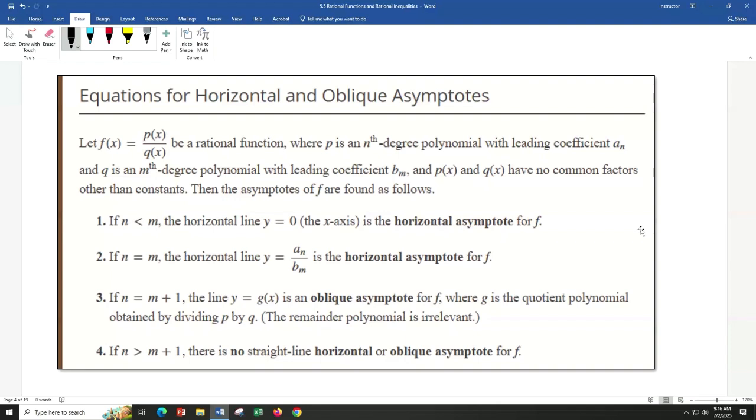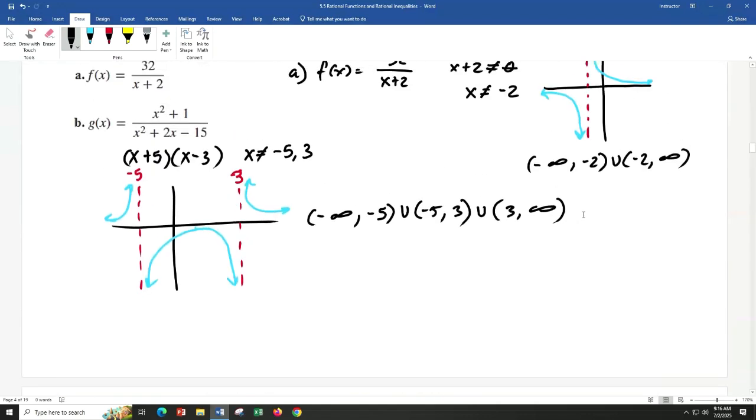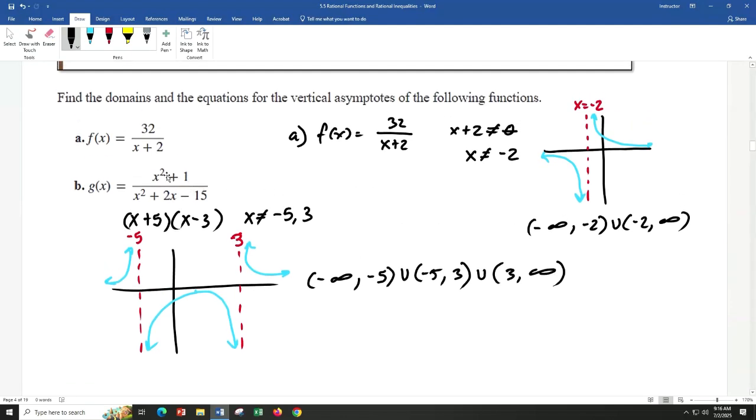And then if n is greater than m plus 1, there is no straight line, and there is no horizontal or oblique asymptote. Look at the one we just did. Well, this one right here has equal degrees. The neat thing about this one is, look, x squared and x squared, aren't those the same?